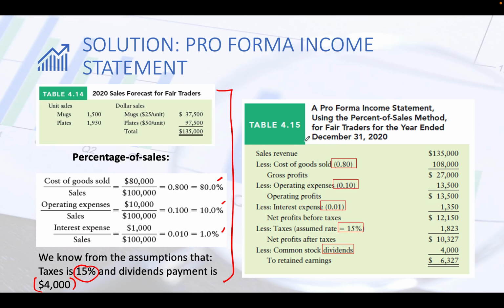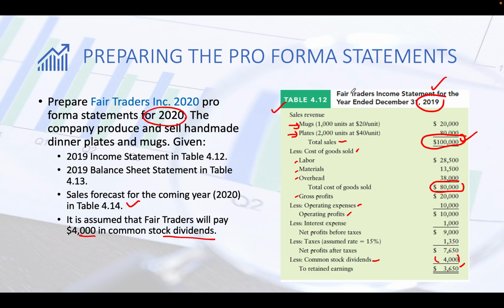Okay. Sekarang, ini yang perlu kita hasilkan, which is pro forma income statement. Okay. Look here. Di financial statement yang sebelum ini, 2019, dia tak tulis pro forma dekat sini. Salah satu undang-undang dalam penyediaan financial statement, tak kira lah income statement or cash budget ke or balance sheet ke, perlu tulis ayat yang dekat atas ni.